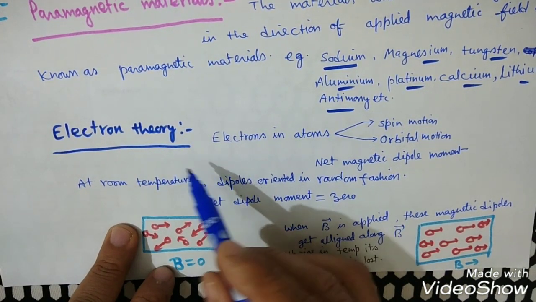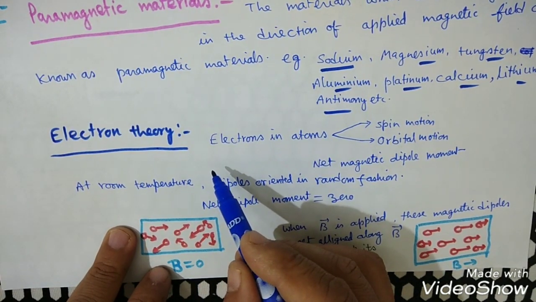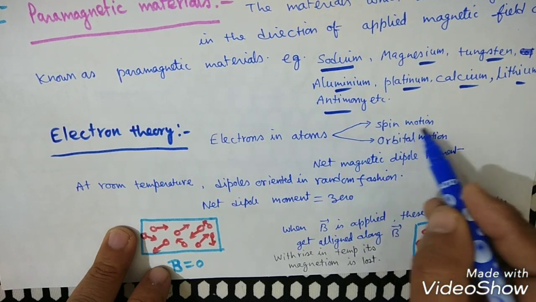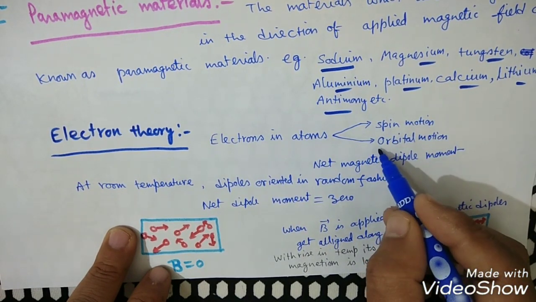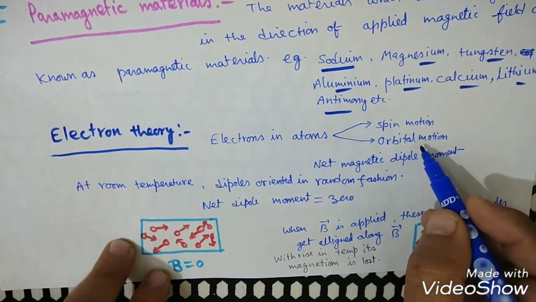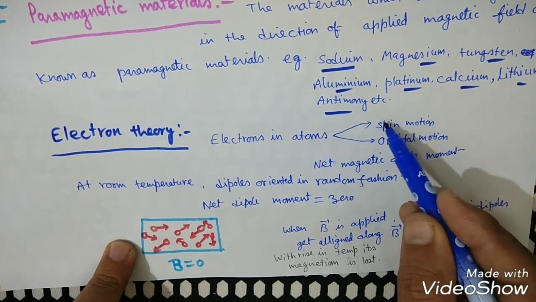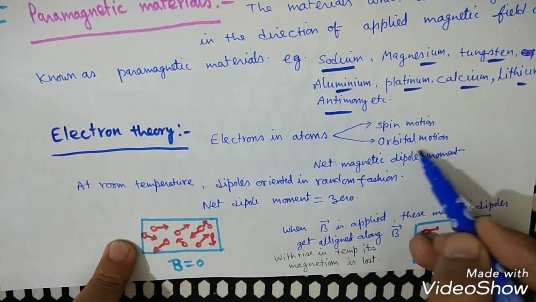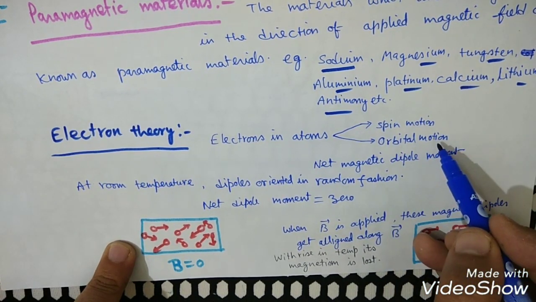We know that electrons in atoms perform two types of rotational motions. Number first, spin motion of the electron about its own axis. Number second, orbital motion of the electron around the nucleus. The net magnetic dipole moment is the vector sum of these two magnetic moments due to spin motion and orbital motion.